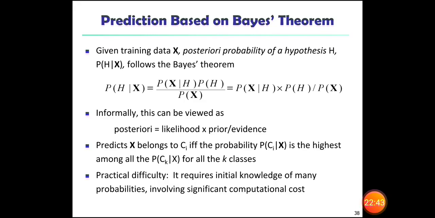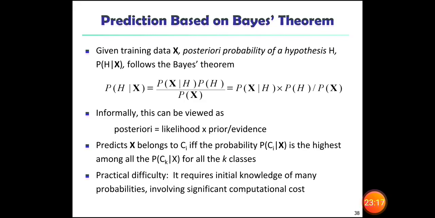Here, given the training data X, the posterior probability of hypothesis H can be defined. Bayes theorem is defined like P of H by X equal to P of X by H into P of H divided by P of X. So informally this can be viewed as posterior equal to likelihood into prior divided by evidence.